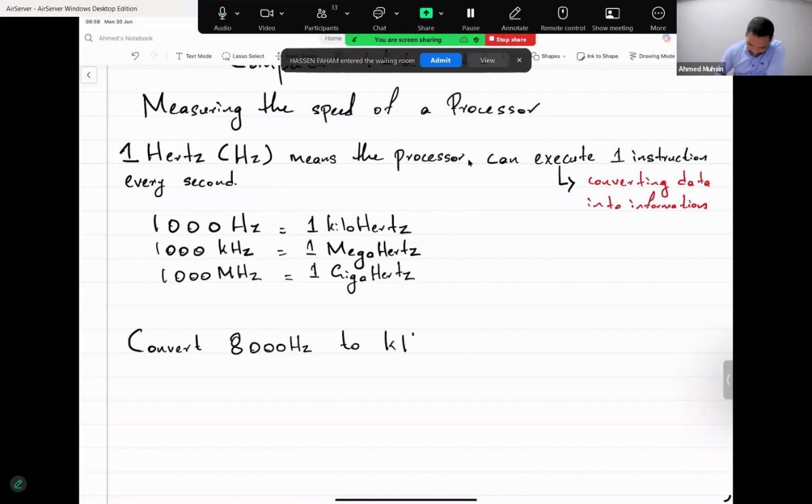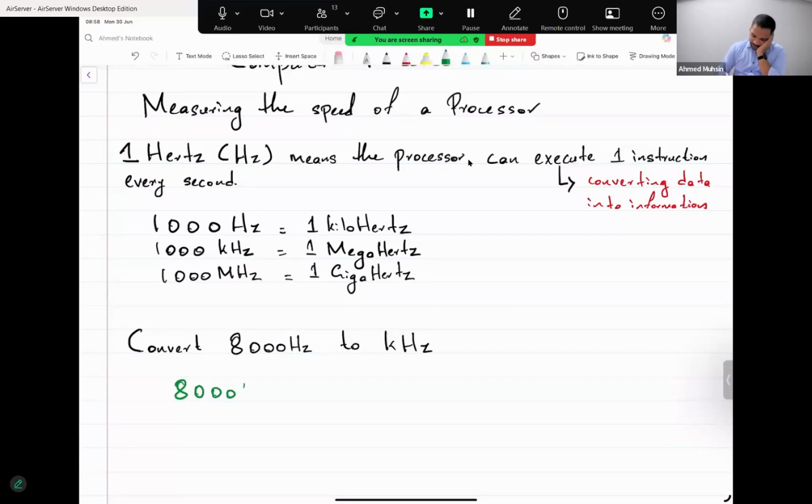I think all of you can answer this question without a problem. What did you do? You would take 8,000 hertz and divide it by 1000. Everybody okay with this? So then what do you get? 8 kilohertz.